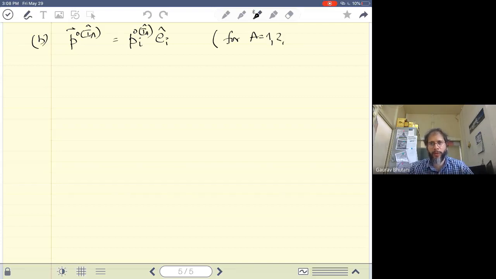Even though the surfaces on which the p naught vector is defined are in the reference coordinate system, the p naught vector is defined in the room or the Eulerian coordinate system.